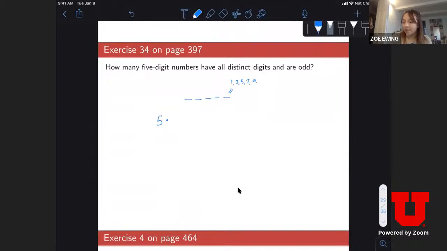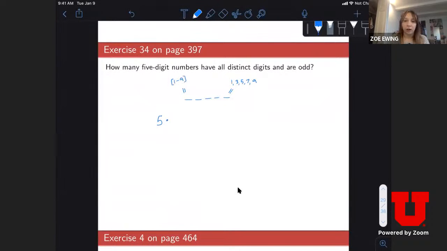Okay. And then let's go back to the first digit. And there's actually a slightly smaller number of options here as well. So we can have anywhere from 1 to 9.